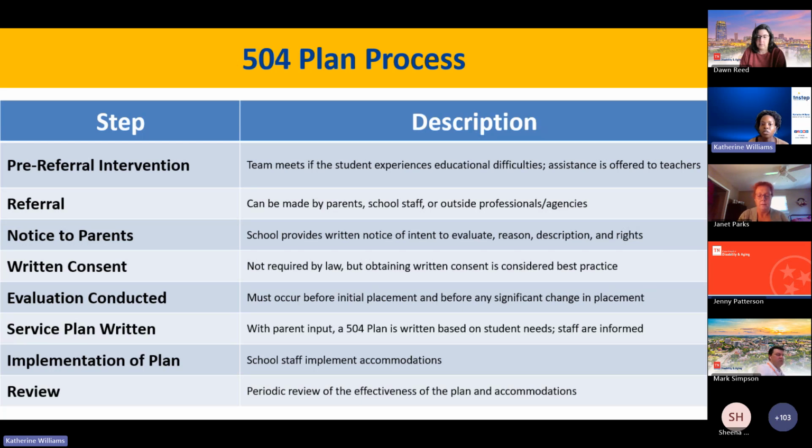The evaluation could include a myriad of things. It could be teacher report, parent report. There could be some specific testing that was done. It can come from multiple areas. And then the plan would be implemented, and there would be a periodic review of the plan and accommodations.